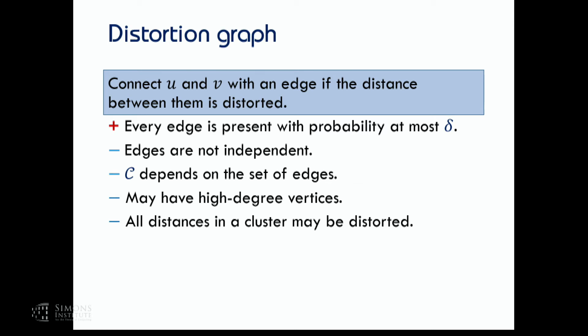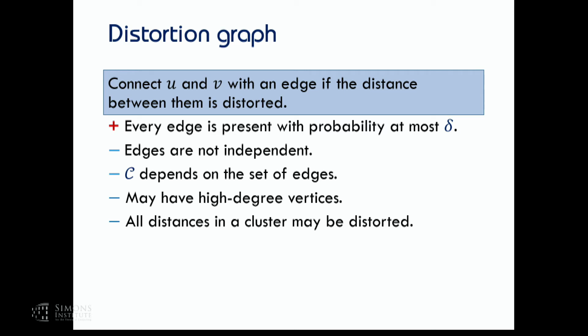The good news is that every edge is present in this graph with probability at most delta. This is guaranteed by our property that our map is a dimension reduction. The bad news is that delta is not very small. In particular, it doesn't depend on n, so in some sense a constant fraction of all the edges are present.